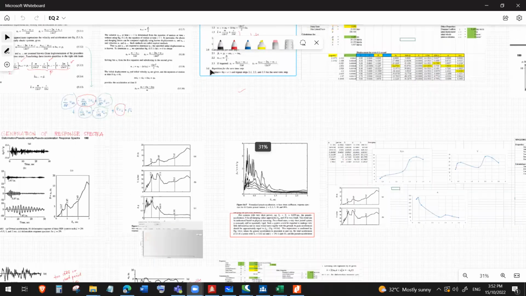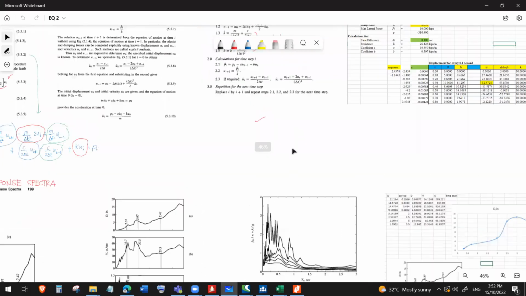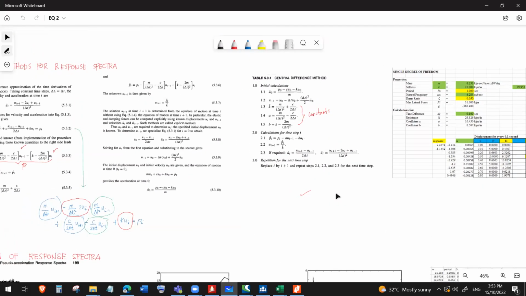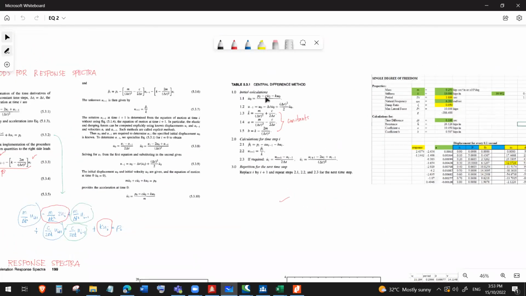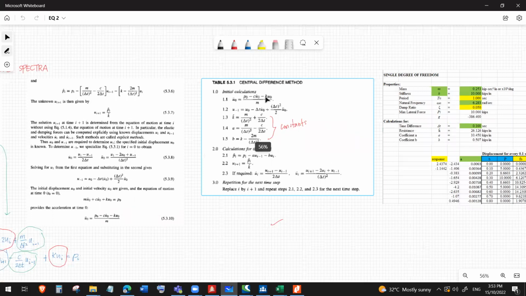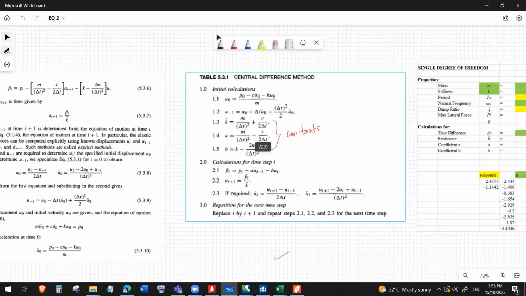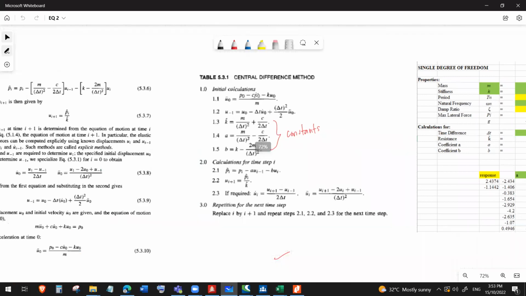Okay, so this is the algorithm. Central difference method. Okay, so initial calculation, u double dot, so okay, and then u minus 1, and yan, may note na ako dito na constant itong mga to, the k hat, a, and b.